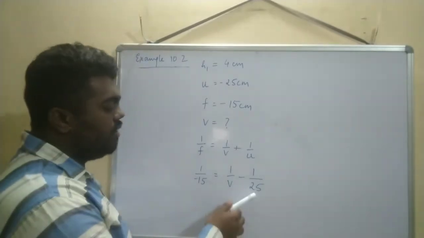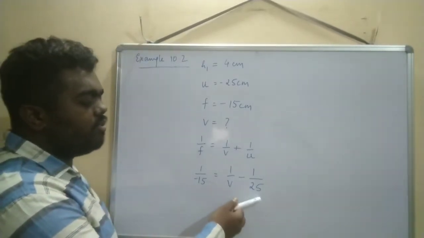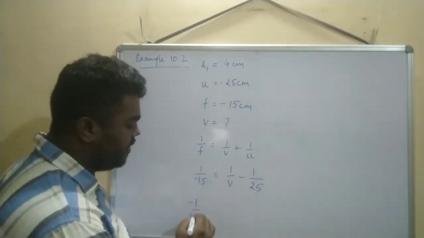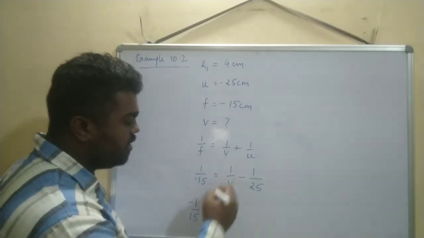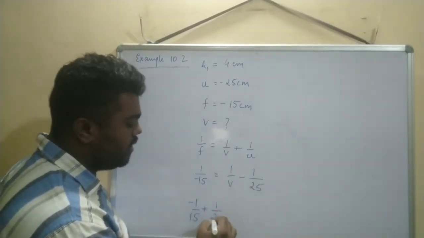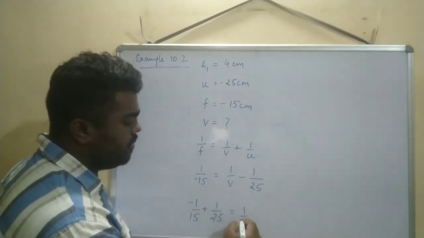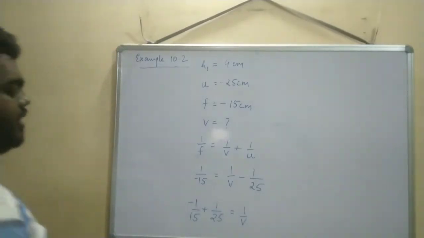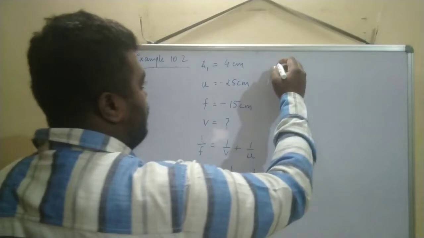Now I am taking this minus 1 by 25 to the left side, it becomes plus. Now minus 1 by 15 plus 1 by 25 is equal to 1 by v. Now we will take the LCM.